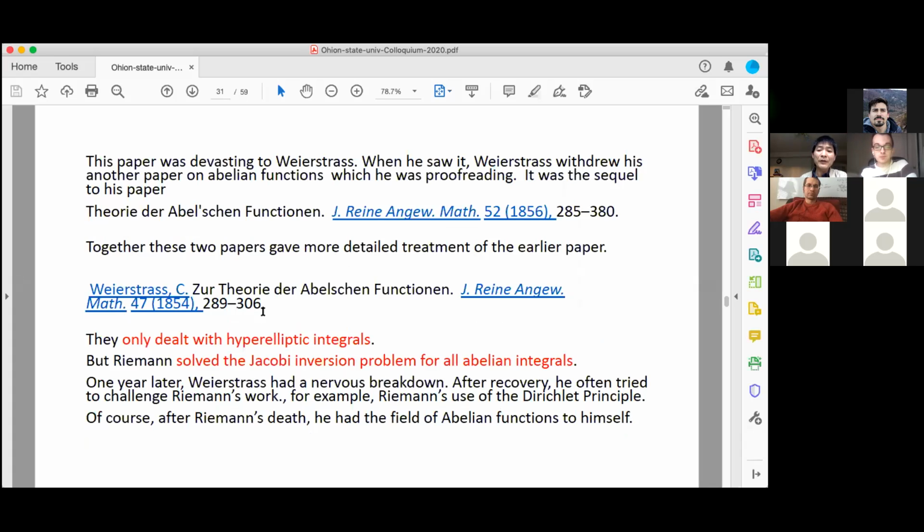So he withdrew a sequel of this long paper. These two papers would give a detailed treatment of his earlier paper on hyperelliptic integrals. This is the first paper that made Weierstrass very famous. This is the expansion part of this paper. Then he wanted to expand more. But when he saw this paper of Riemann, he withdrew it.